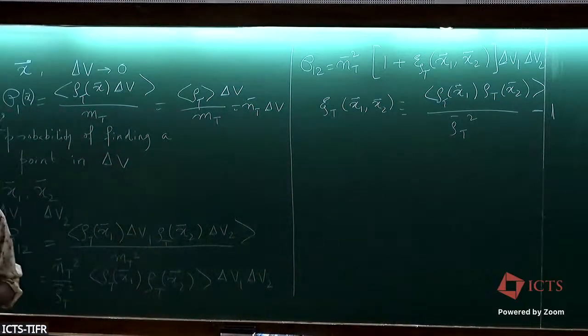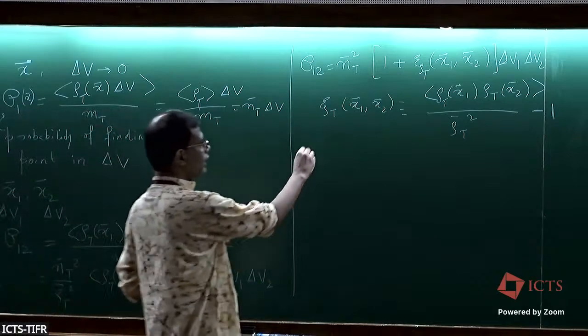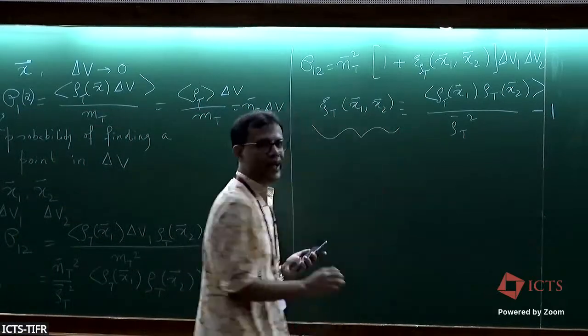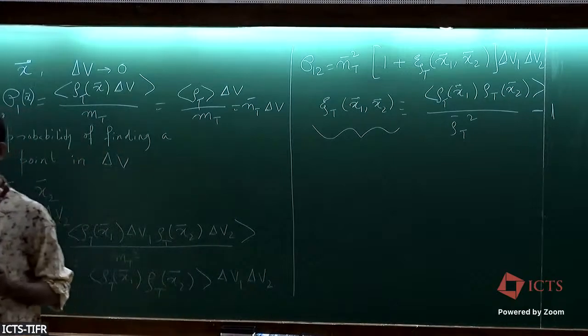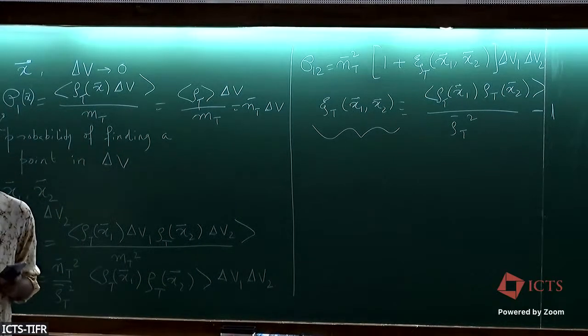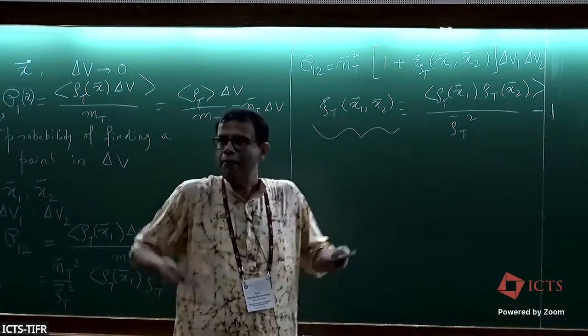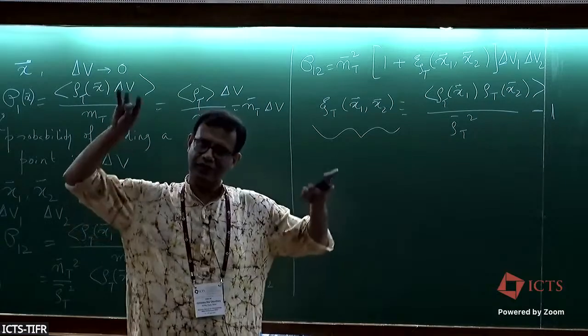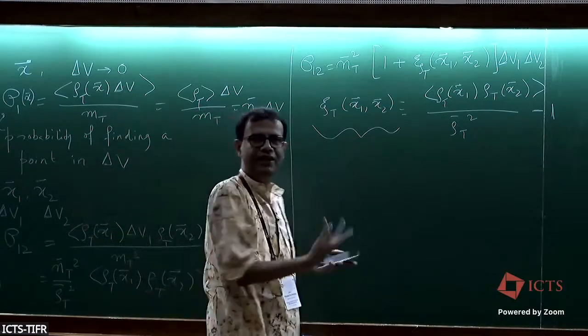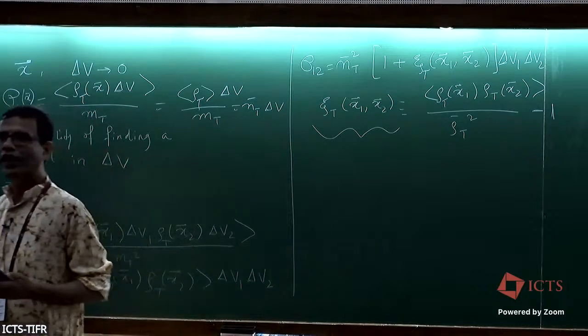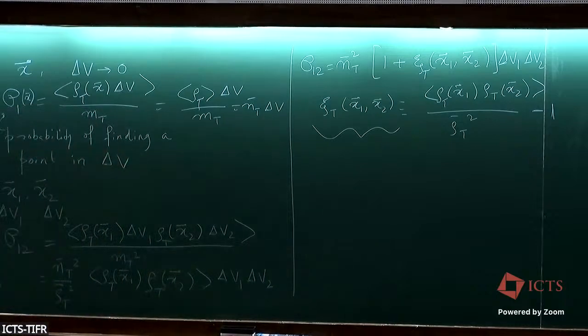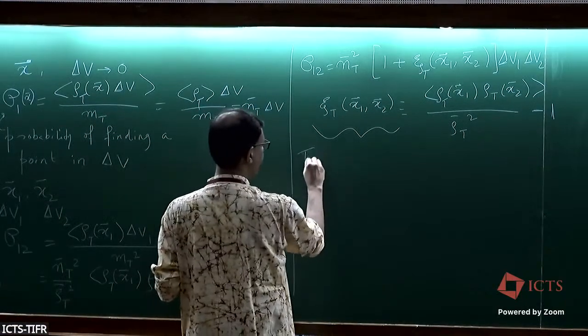If you don't get that, it is telling you the probability of getting two galaxies, or two tracers, at x1 and x2 is above random. So the probability of random would have been just n_t square delta V1 delta V2. If you get something above that, and in a generic sense, if psi is negative, it could be below also. Anything which differs from random is captured in this quantity. This is called the 2-point correlation function.